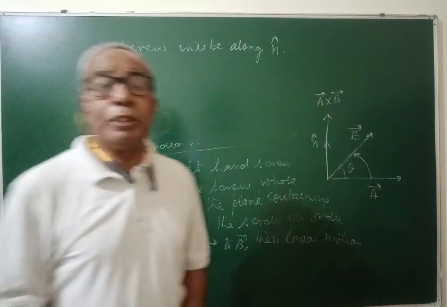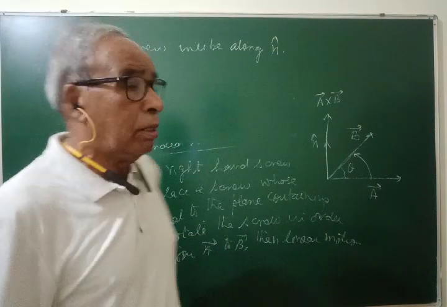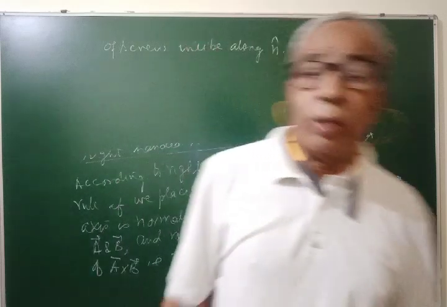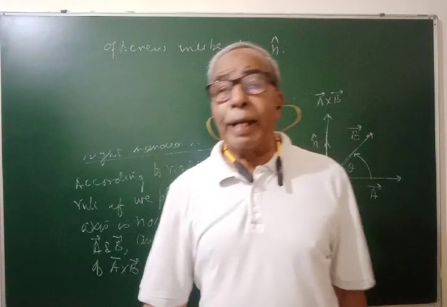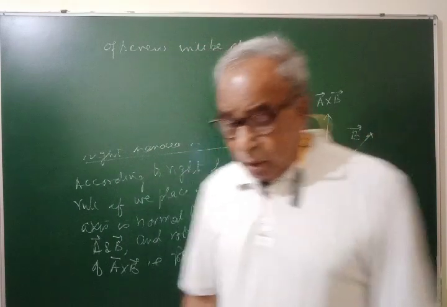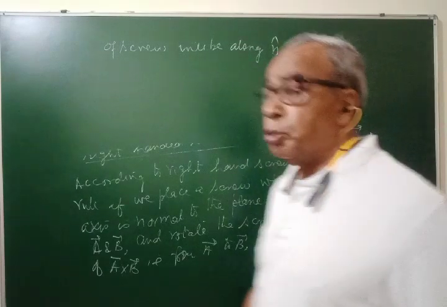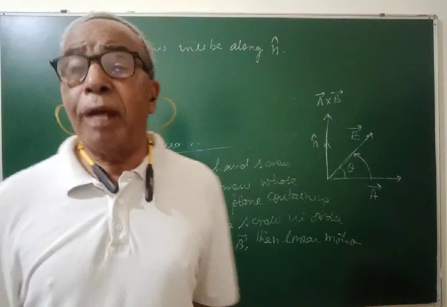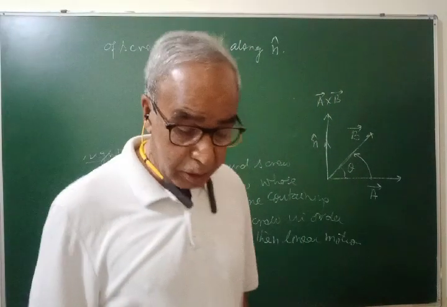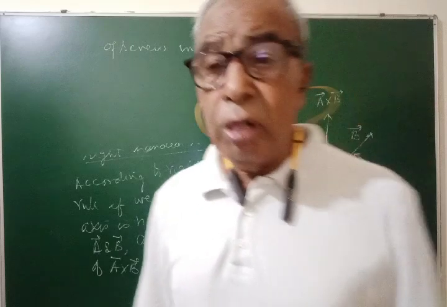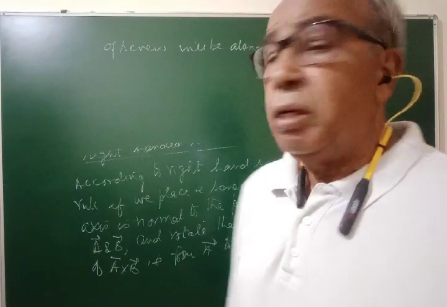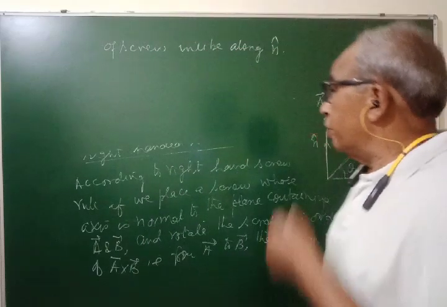So dear student, it is very important. In class 12 you will get a chapter on magnetism, and you will find it difficult if you don't understand what the cross product is. There are many topics in physics which can only be understood if we know what the vector product is.